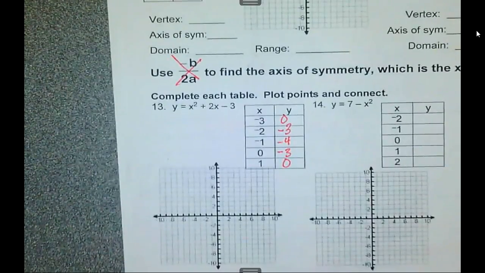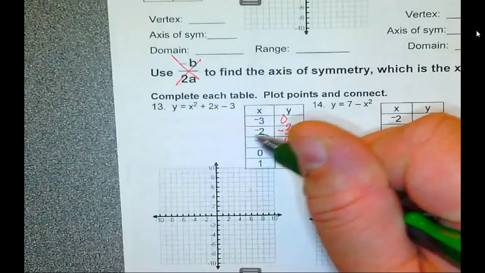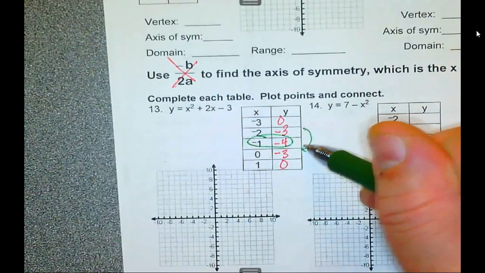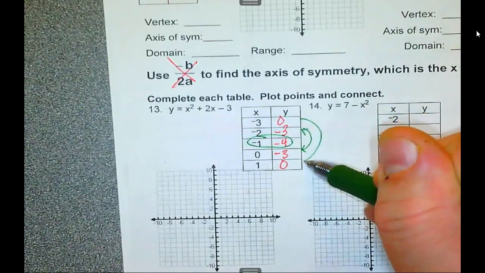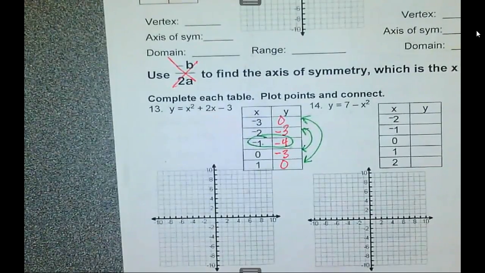What's my vertex here? Anybody? A couple of different ways you can find this out. Negative 1, negative 4, just by looking at this, because these two are repeating, and these two are repeating. So I know that negative 1, negative 4 is my vertex. So that's one way.